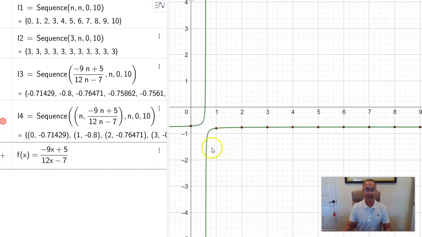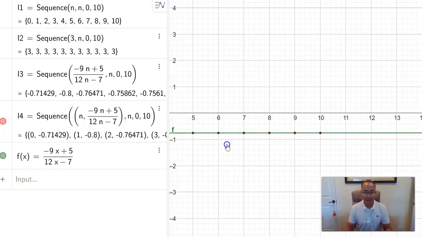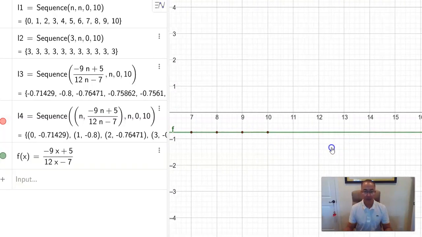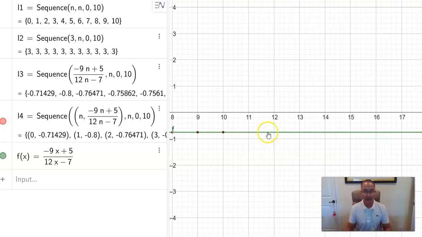As we can see, the points of our sequence lie on that function, of course, because our sequence is simply the value of our function at positive integer points. If we keep going further to the right, our sequence will again land on the graph of our function.